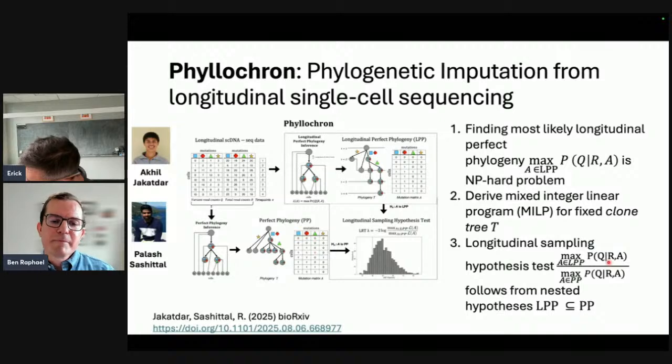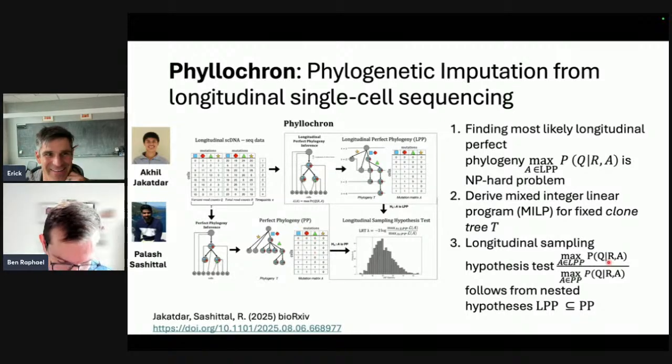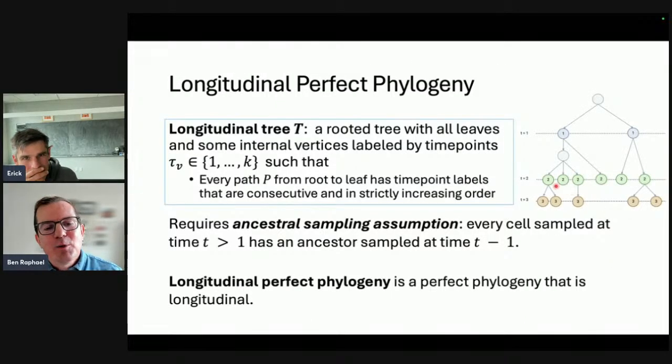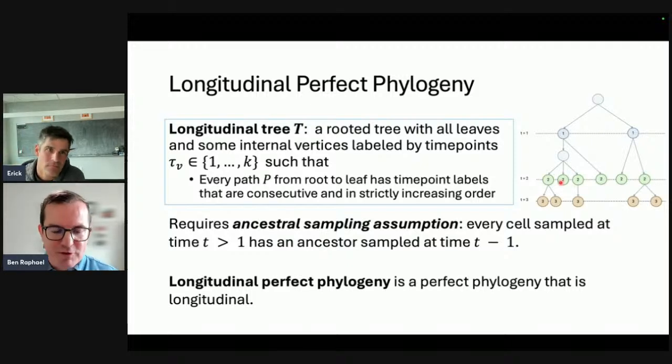But what would that mean? We know the data is longitudinal. Yeah, the data is longitudinal. I described this as longitudinal sampling because in order to make this definition, we had to assume something about how the sampling process was done. So the data is longitudinal, but it could be that we failed to measure an important cell at a particular time point, and so it was a question of undersampling, and that's why we got this clone disappearing and reappearing.